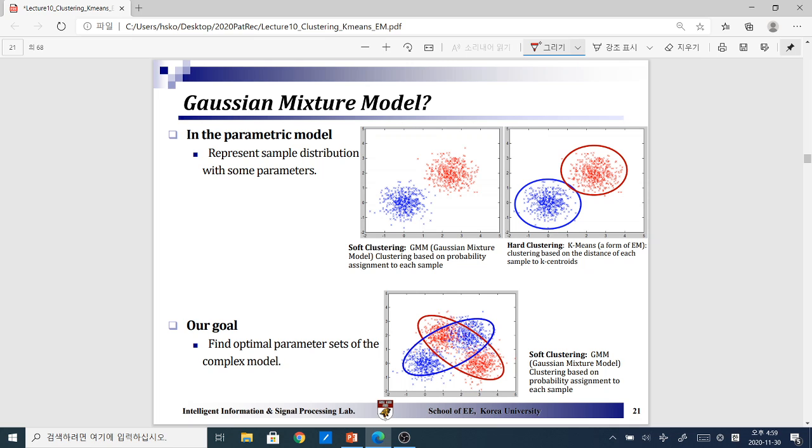Now, on the other hand, we are going to have very different situations when we want to model certain samples, for instance in the Gaussian mixture model. What's a Gaussian mixture model?